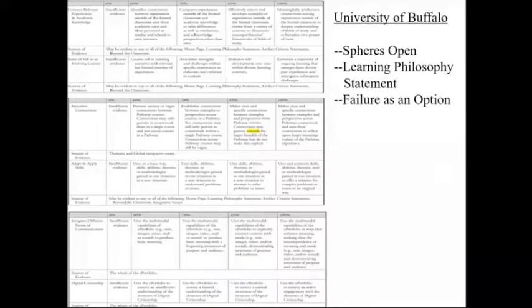Its analog is a teaching philosophy statement that staff will be very familiar with because many staff have created one. Students have not, but they are asked to create, in this context, a learning philosophy statement. And then the last item here that is particularly important is that failure is actually included as an option. It's not the only one of its kind, but that's pretty rare.